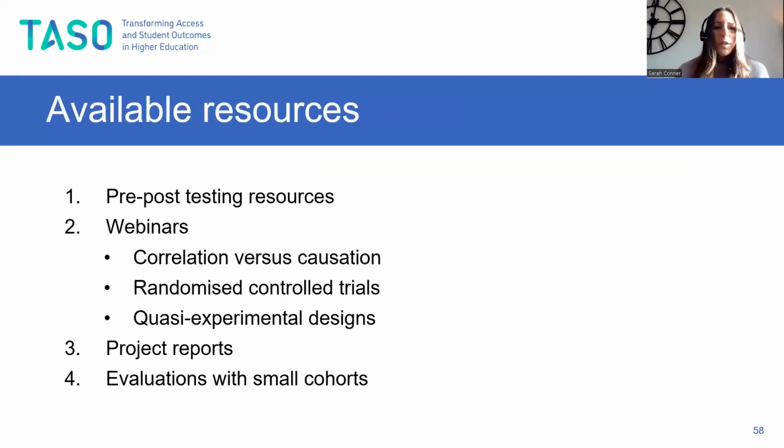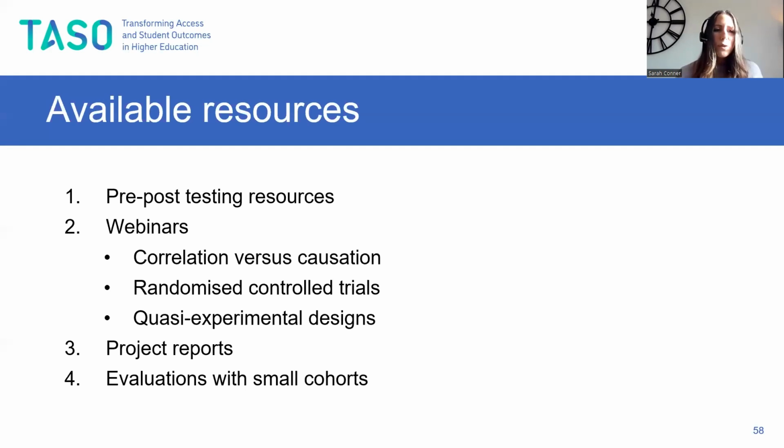And finally, I just wanted to flag some resources. I appreciate we have covered a lot today, and there are lots of different methodologies we've gone through. As I mentioned, we've got that pre-post testing resource, which breaks down how to conduct a paired t-test on pre and post data using Excel. So I'd recommend having a look at that.